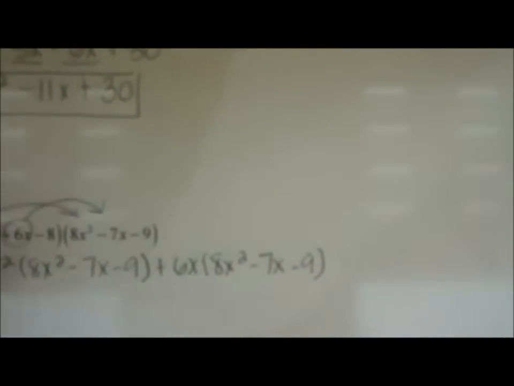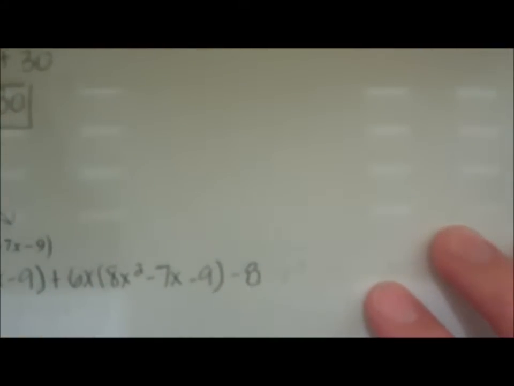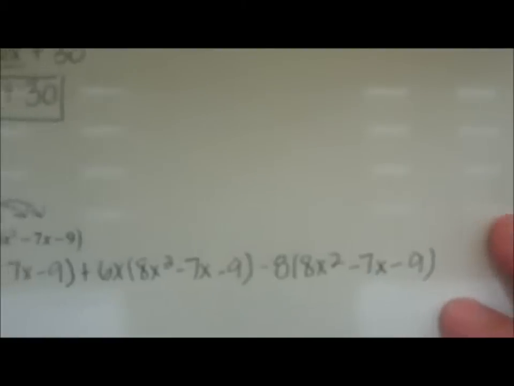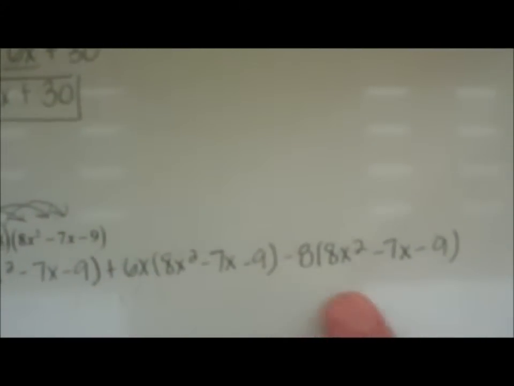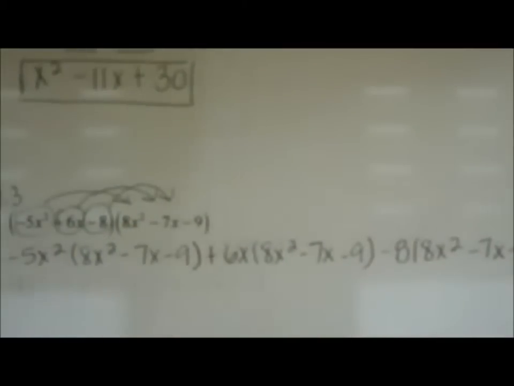And then I'll take the third term, negative 8, and distribute it to the entire parentheses. Negative 8 times 8x squared minus 7x minus 9, close parentheses. Okay, so I took each term and distributed it to the second parentheses, or the second trinomial.